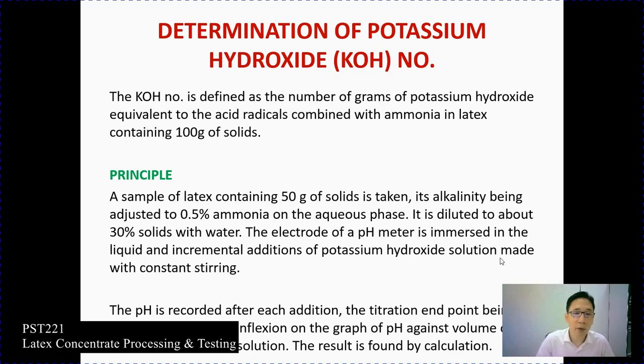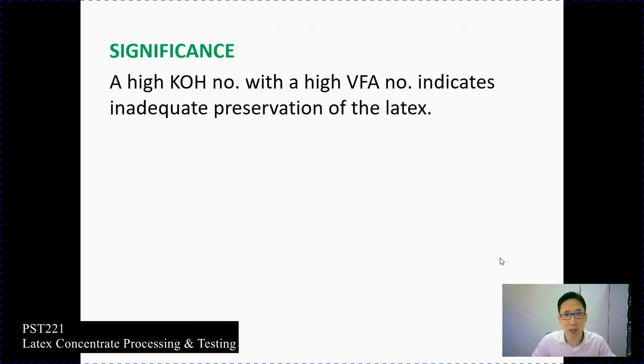The pH is recorded after each addition. I think you add 1 ml at one time, and the pH during the additions of the potassium hydroxide will be measured. The titration endpoint is taken as the point of inflection of the graph of pH against volume of potassium hydroxide solution. The result is found by calculation.